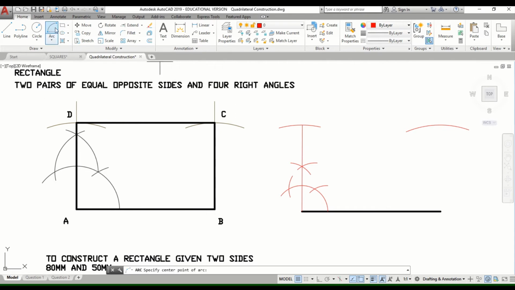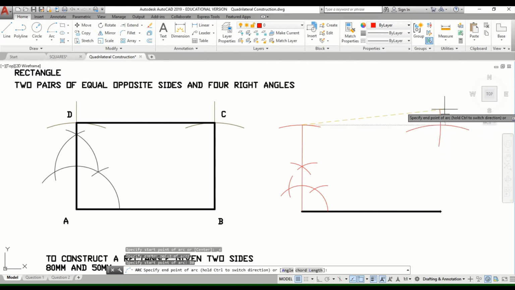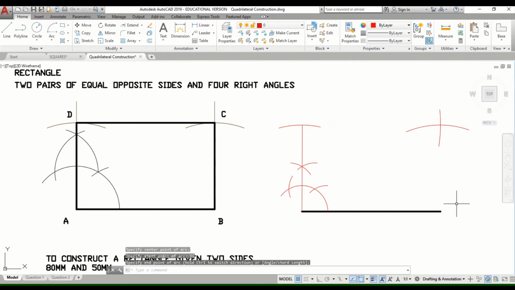Now we go back to our arc tool. From our point where the extension of our angle cuts the arc, we will measure the side of 80 millimeters and draw an arc to intersect.